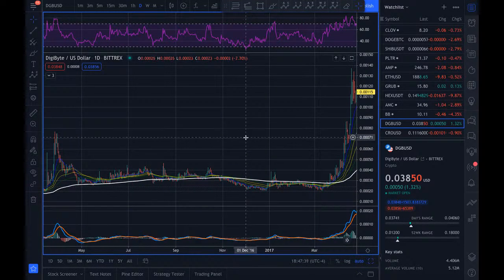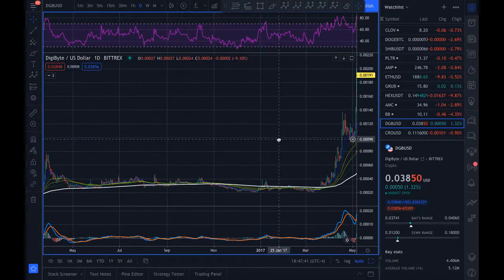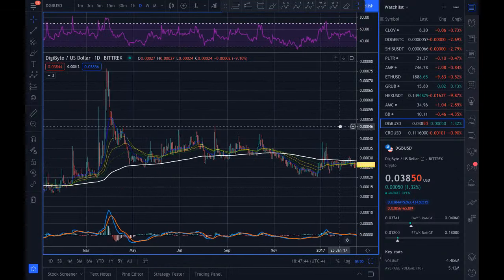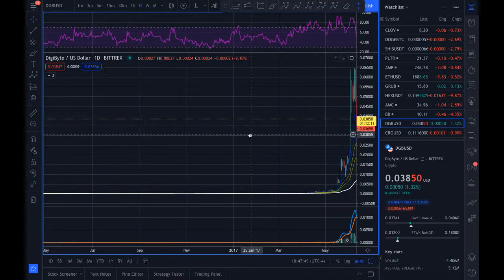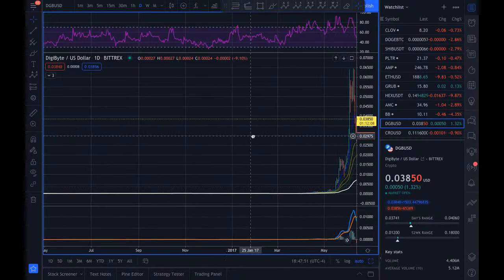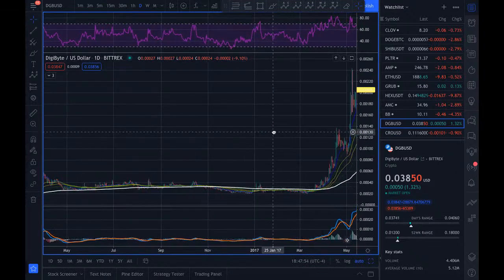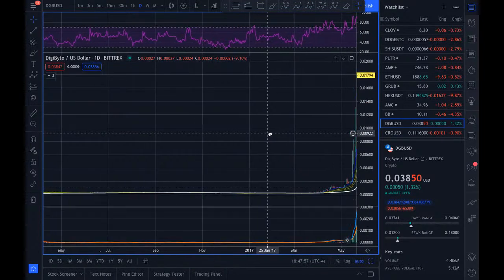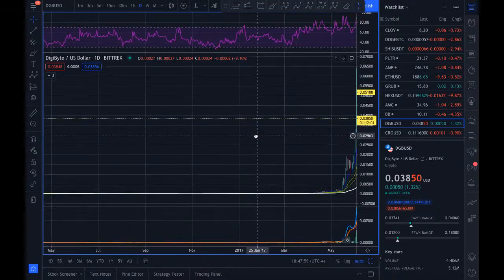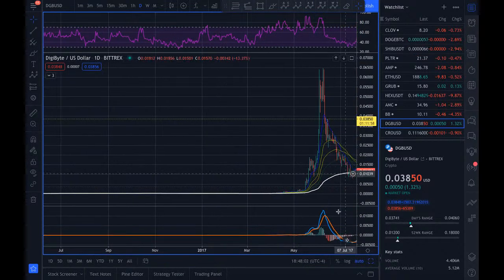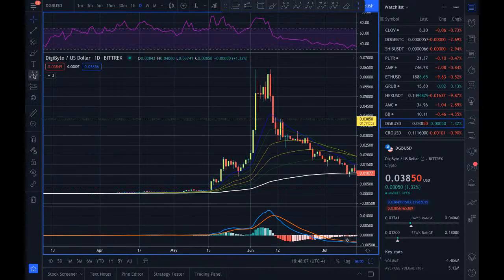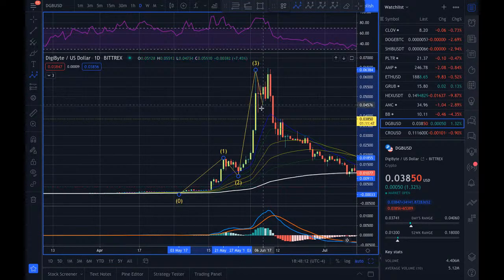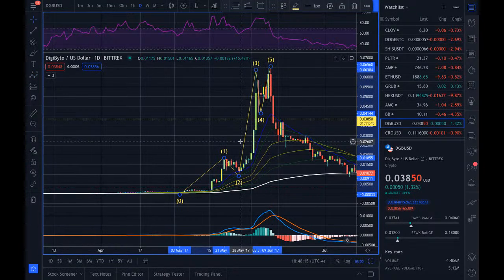Oh, this is back in 2016. Okay, now we had a run up. Right here. Do you see 5 waves there? Wow, that's a hard one. I see 5 waves here. See them right there.